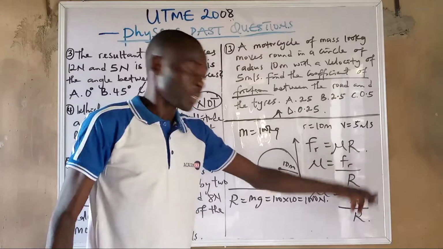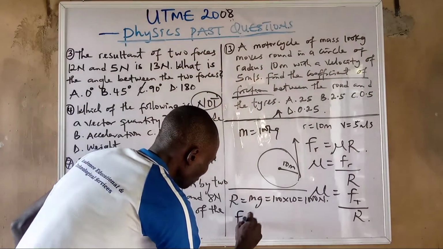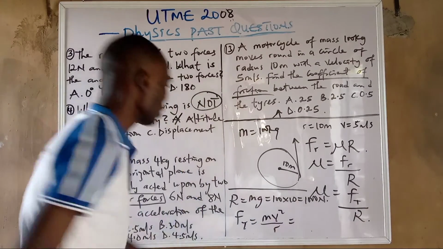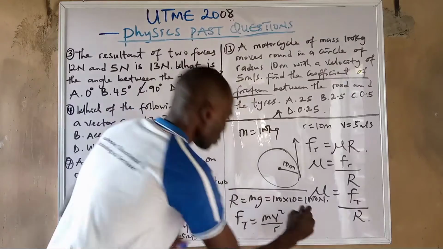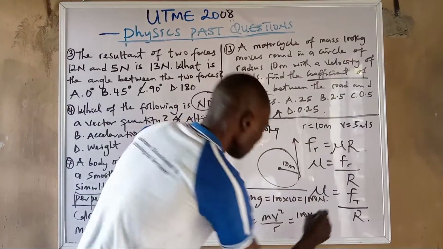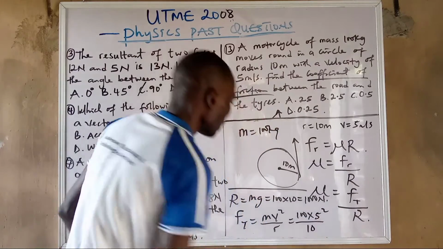As for the centripetal force, the formula for our centripetal force here is mv squared over r. What is the mass? The mass is 100, the velocity of movement is 5 and that is squared, over the radius, which is 10.